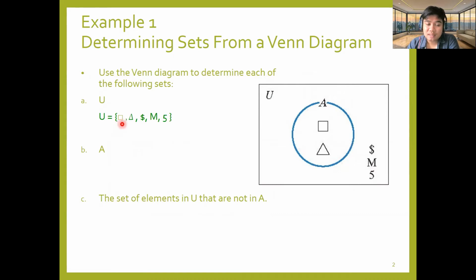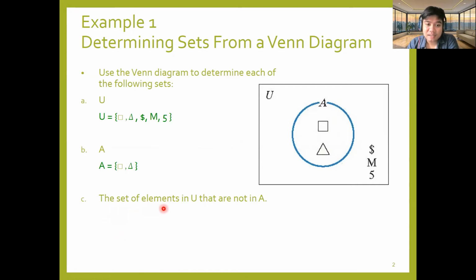So, as you can see, nandyan si triangle, si square, si dollar sign, si M, and si number 5. Also, we have set A. So, set A naman, as you can see dito sa circle, ang nasa loob lang ng set A natin are triangle and square. So, yun lang yung elements ng set A.